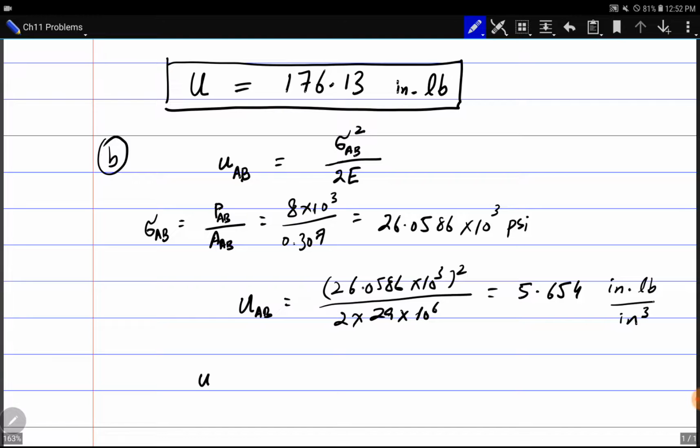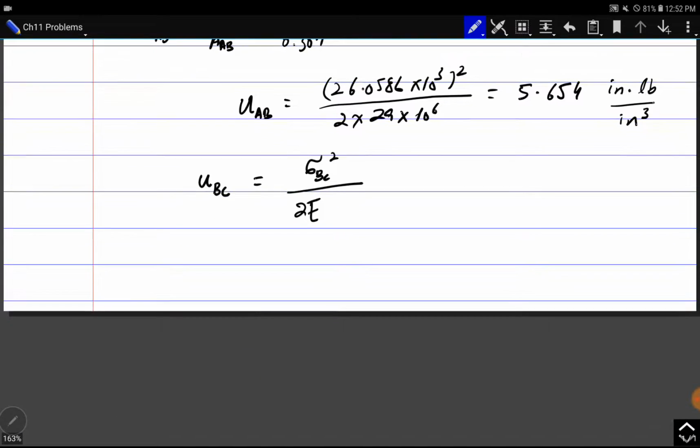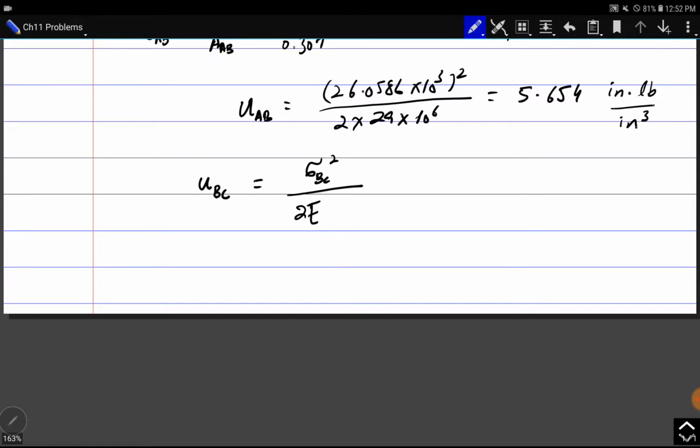For rod BC, strain energy density will be sigma BC squared divided by 2E. E is the same for both AB and BC, that is why I am using the same E. Sigma BC is equal to P_BC divided by area of BC. P is 8 into 10 power 3.